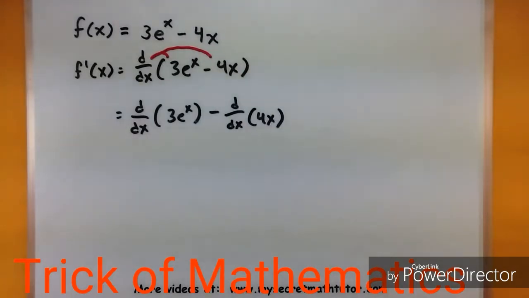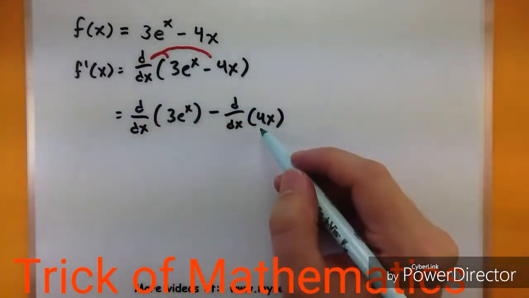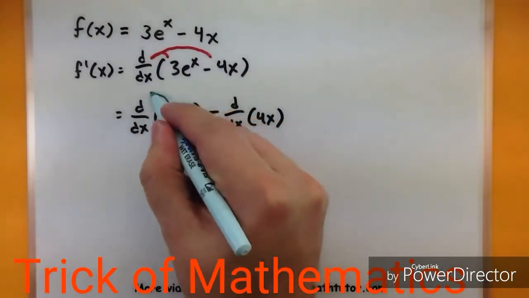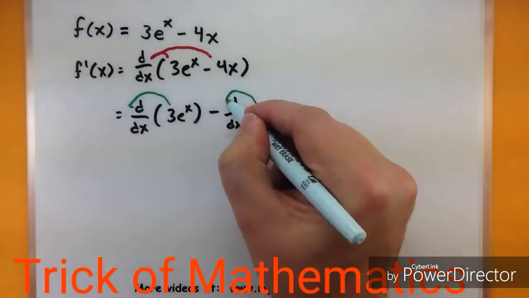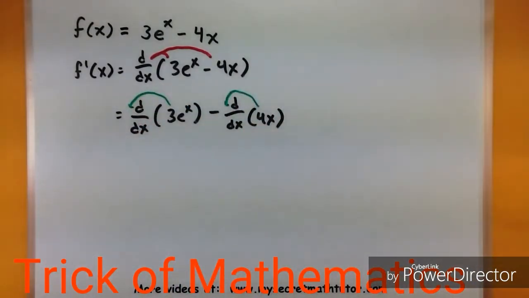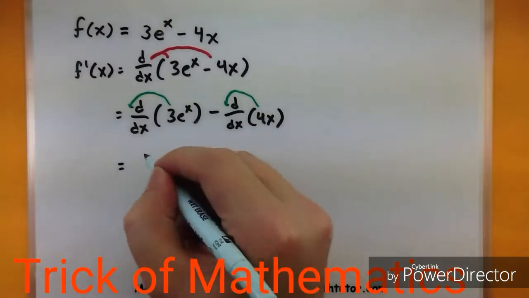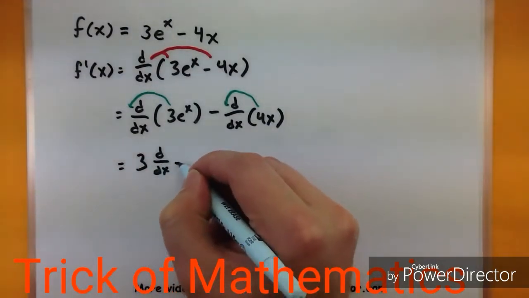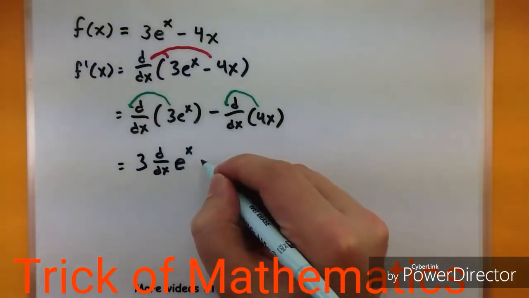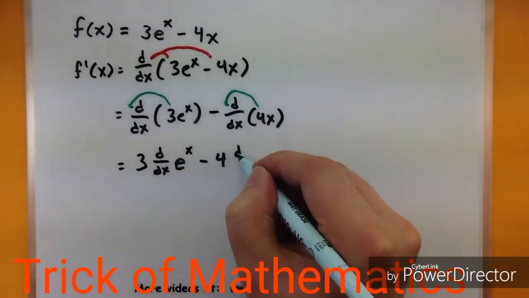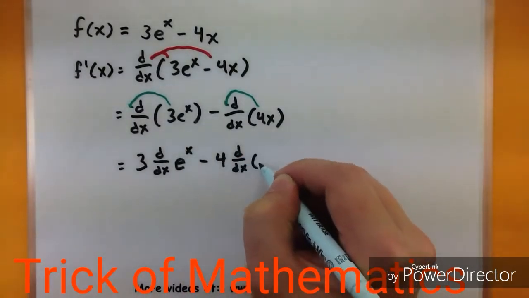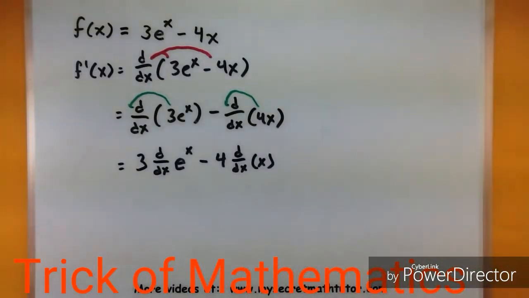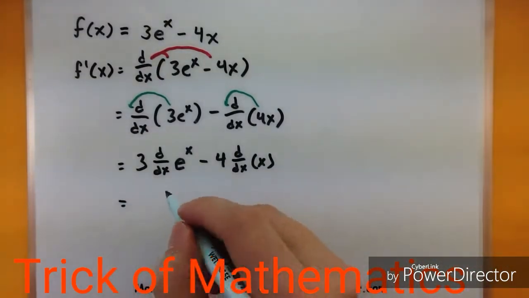Each of these has a constant multiplied by something, so we'll move each of these constants out in front. So 3 times the derivative of e to the x, minus 4 times the derivative of x. Now we can take care of each of these.